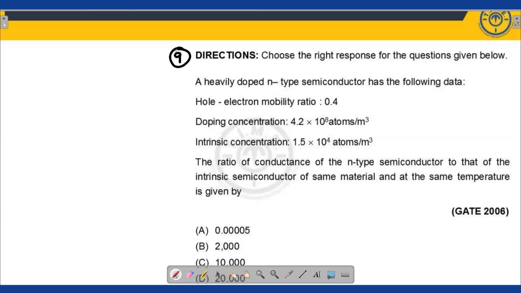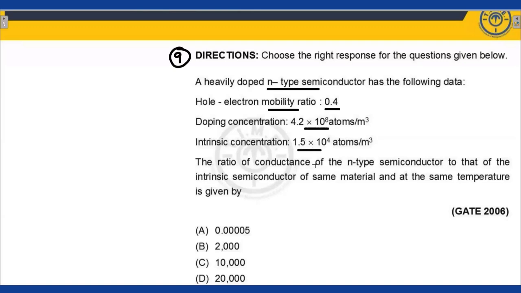A heavily doped n-type semiconductor has the following data. Hole to electron mobility is 0.4. Doping concentration, he has given this value. Intrinsic concentration, he has given this value.